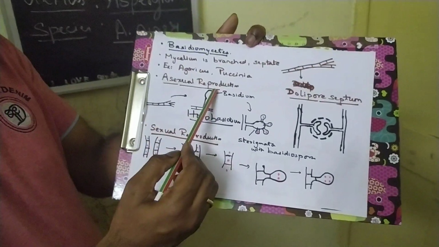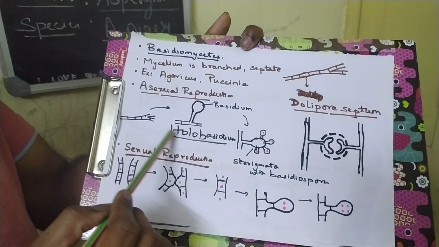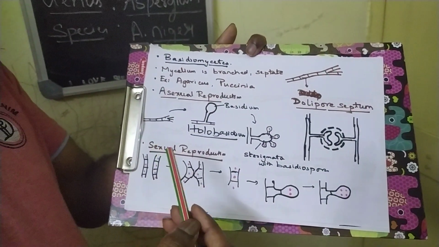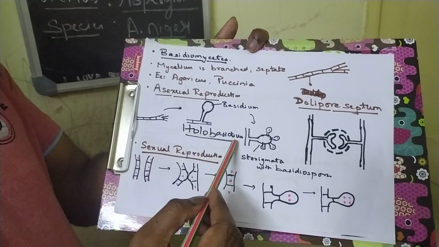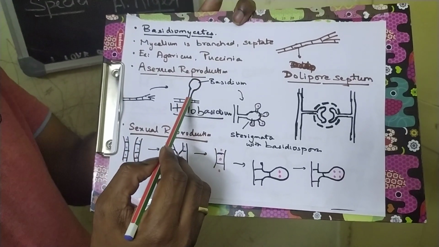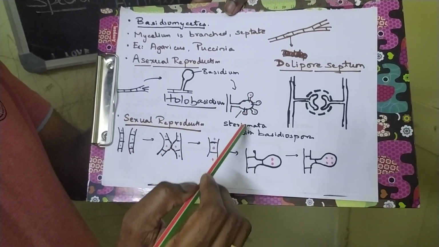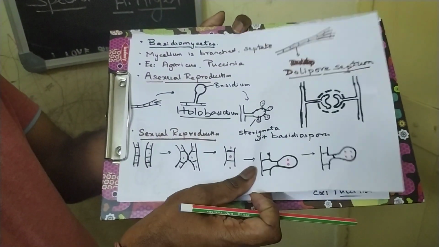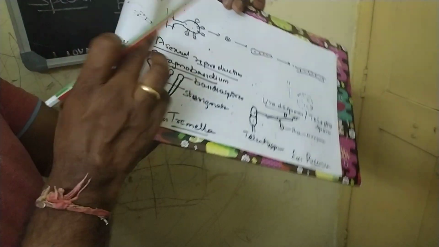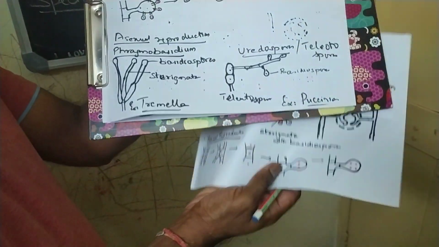Coming to the asexual reproduction in Basidiomycetes, they form 3 types of fruiting bodies. The mycelium can give rise to holobasidium, means you find a structure, a vesicle called basidium, that will give rise to sterigmata with basidiospores. I want to tell you the remaining 2 here. The other one is called a phragmobasidium.